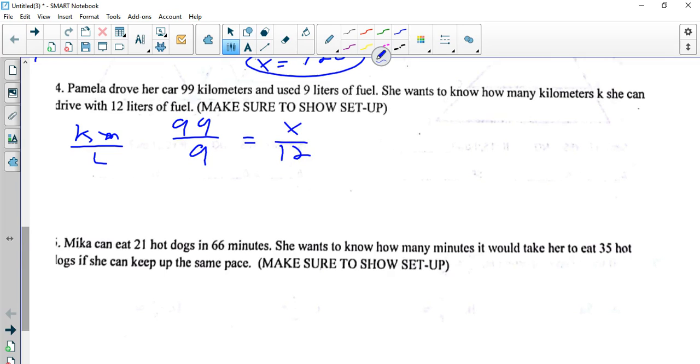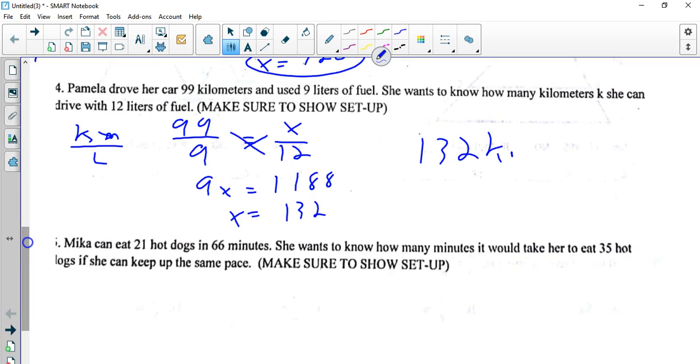How many kilometers? Again, we're going to cross multiply. So 9x equals 12 times 99, which is 1,188. And when you divide, you get 132. Again, not the answer. You say 132 kilometers.